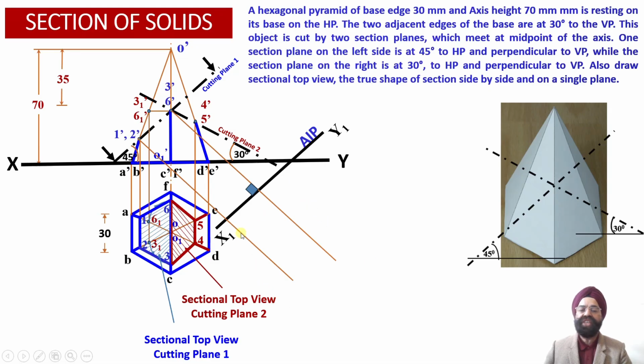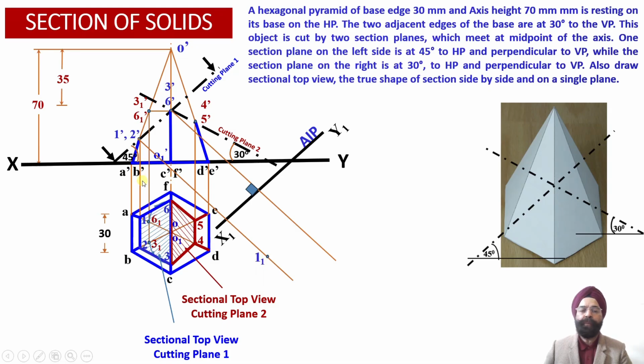The distances of the plan projection have to be taken from these positions. We have to measure the distance of point 1 from the XY reference line, and the distance of point 2 from the XY reference line, and onto the projector lines which have emerged from points 1 dash and 2 dash, we are going to mark 2 points.